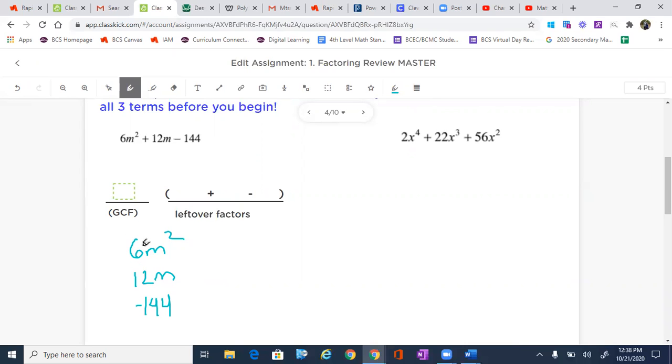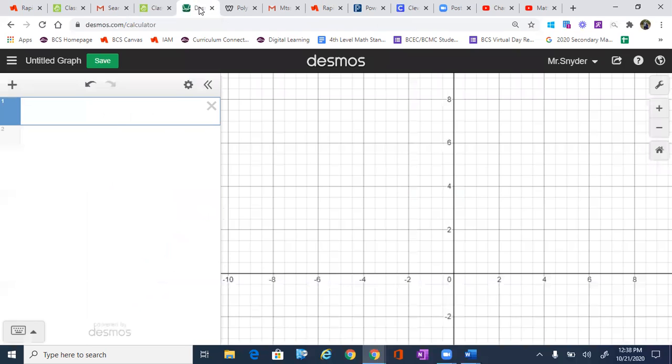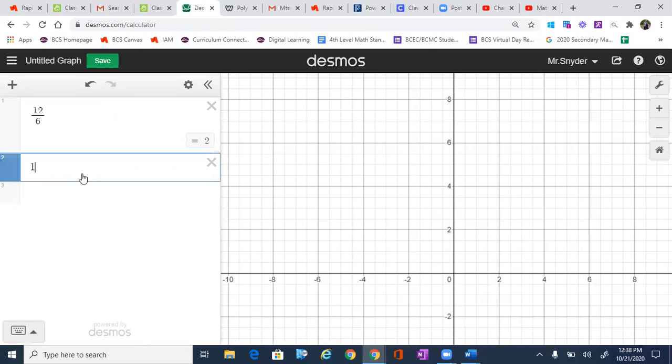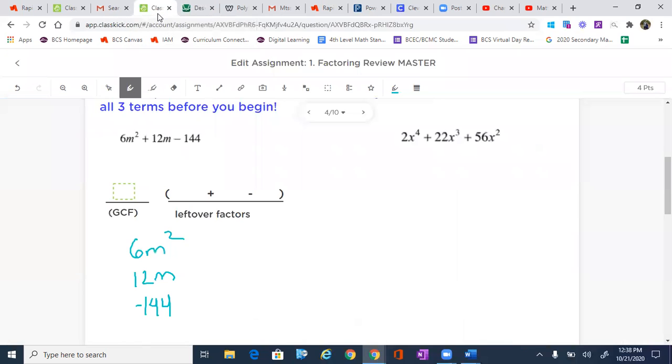So let's look at that 6, and I'm going to take 12 and divide it by 6. Well, that works. And then I'm going to take 144 and divide it by 6. And that also works. And I know that 6 divides 6. So that tells me that the greatest common factor can only be 6.